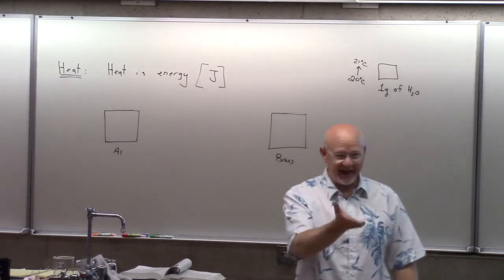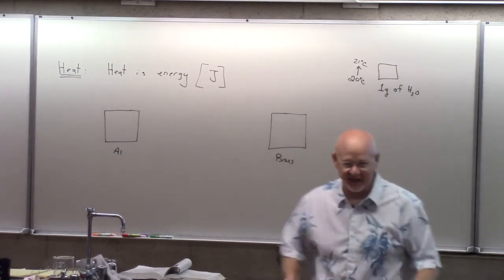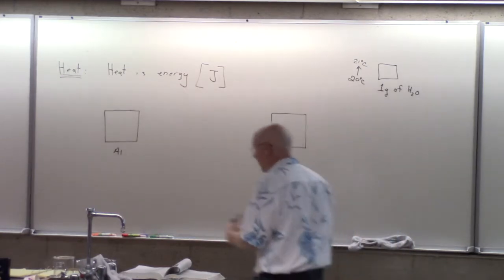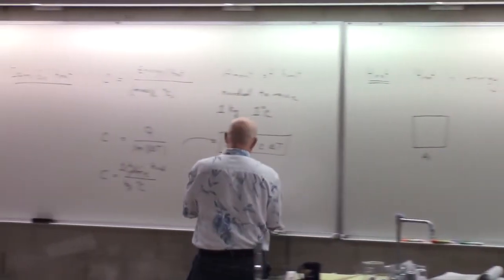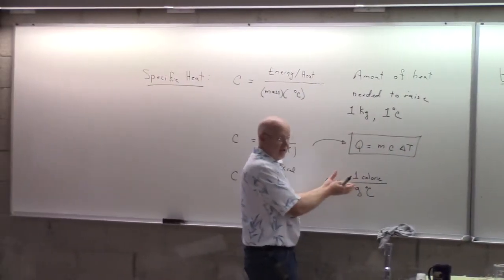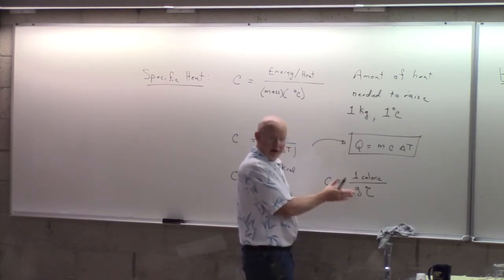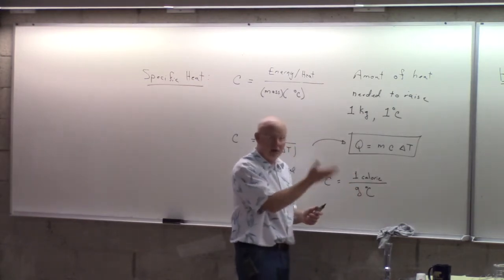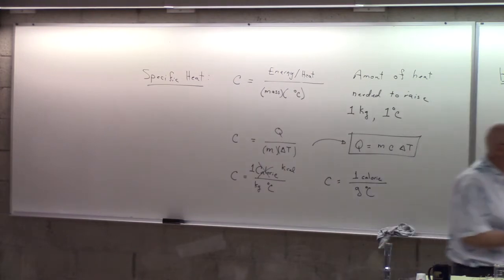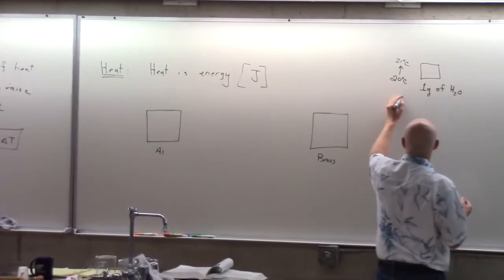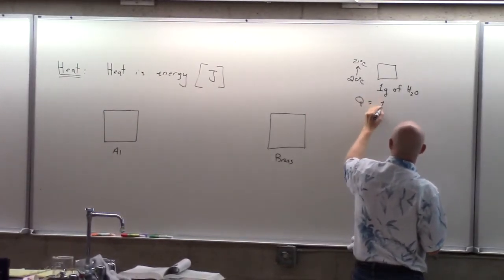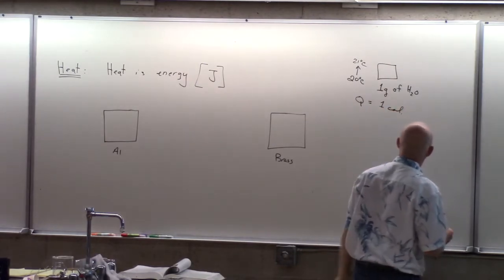It's just 1 calorie. That is the definition of a calorie: how much energy it takes to warm up 1 gram of water 1 degree. So the energy you would have to put into this 1 gram is 1 calorie.